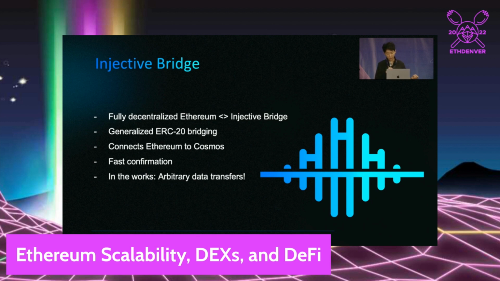Or it could be a fully atomic transaction where it deposits from Ethereum, interacts with the exchange module, makes some transactions, and then comes back. So the possibility here is really immense. And one of the key focus at the Injective Labs team is to be able to build basically this suite of tools that allows this type of interpretation and execution of arbitrary data transfer. And I'll get to that later.